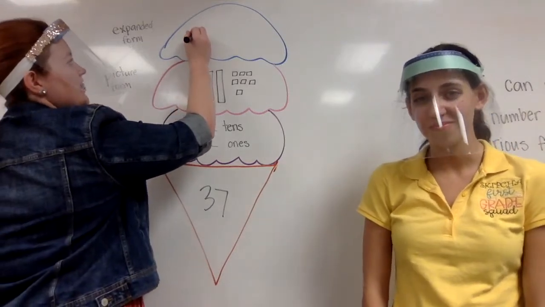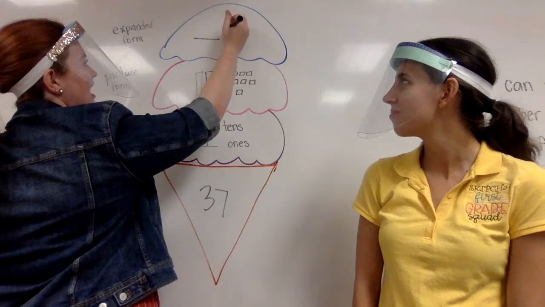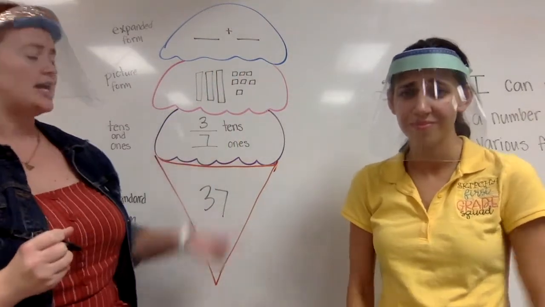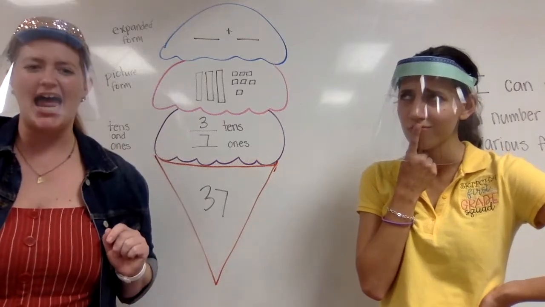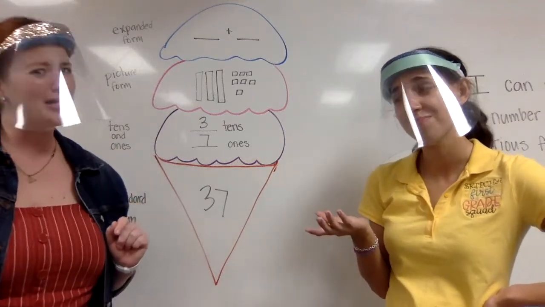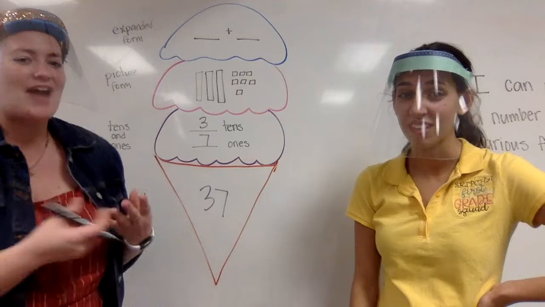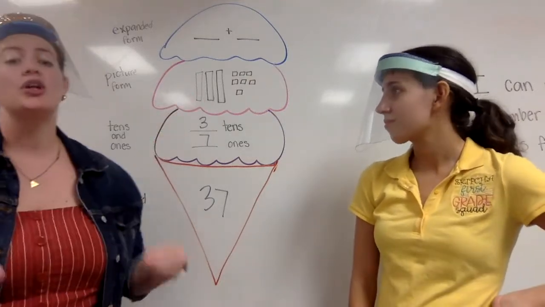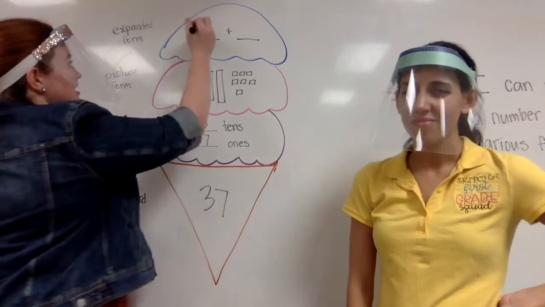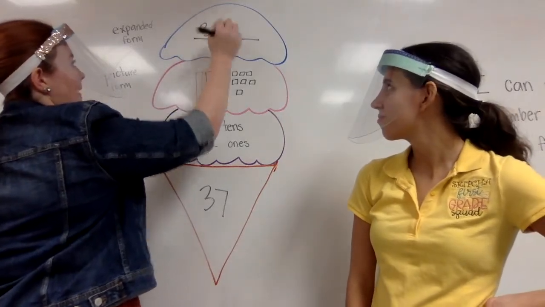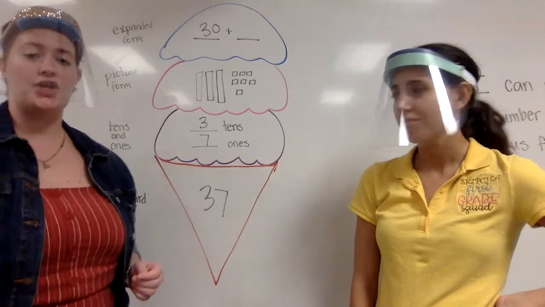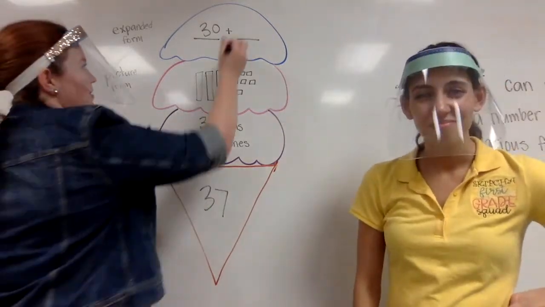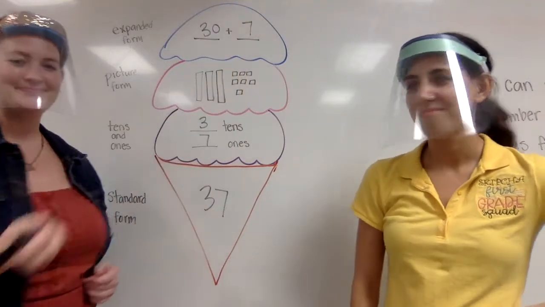That's when I take the value of my tens plus the value of my ones. Now, I have 3 tens, but I'm not going to put 3, because if I had 3 tens, that's worth more than just 3. It's worth 30. So I'm going to say 30 plus the value of my ones. And I have 7 ones, and they have a value of 7.